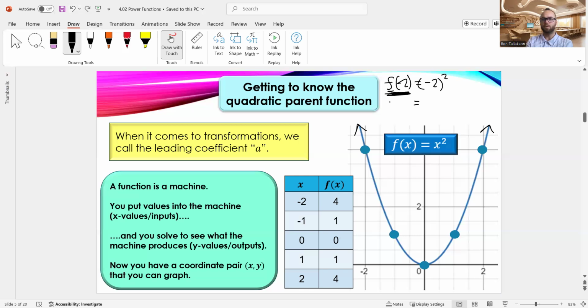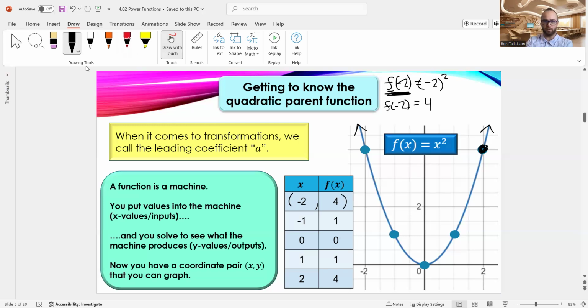Okay? So f of -2, well, -2 squared is 4. That's the value we see here, right? So when x is -2, y is +4, and we see that point right here. And you would follow those steps to find the rest of the points.